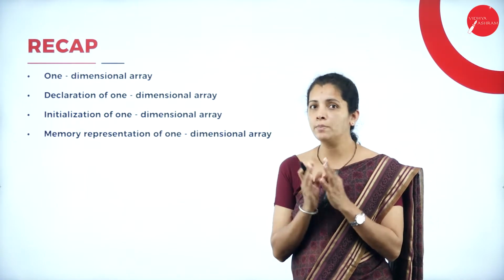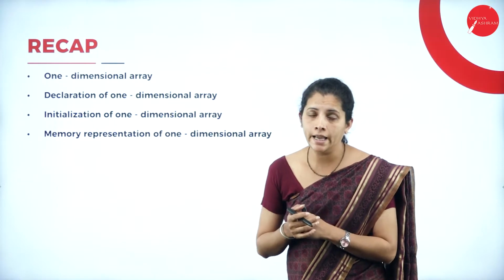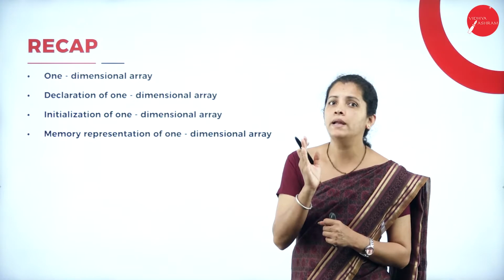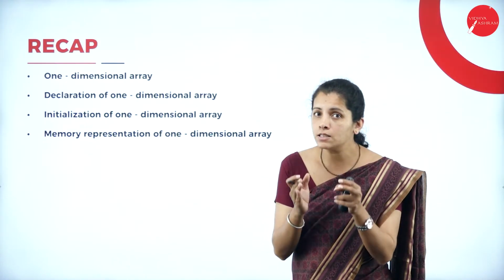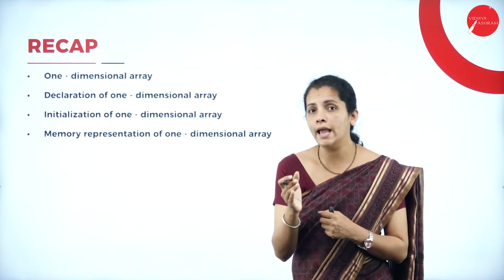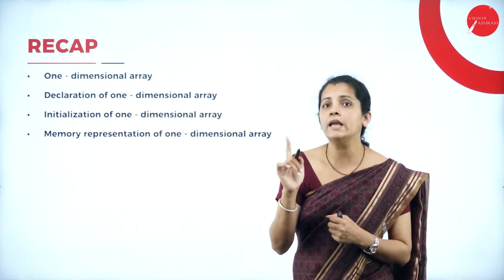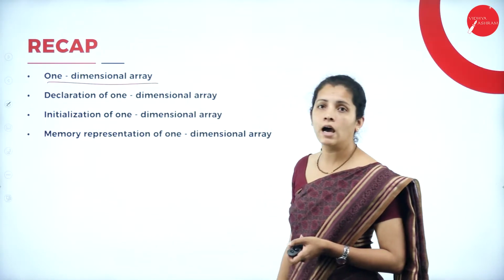An array with one index. That means if I want to access any element stored in an array, I can access those elements with the help of an index. So an array with only one index is known as a one-dimensional array.